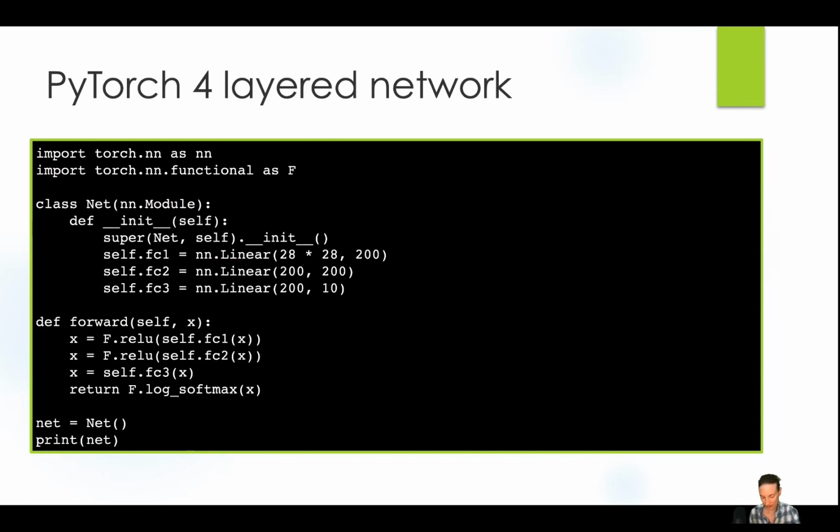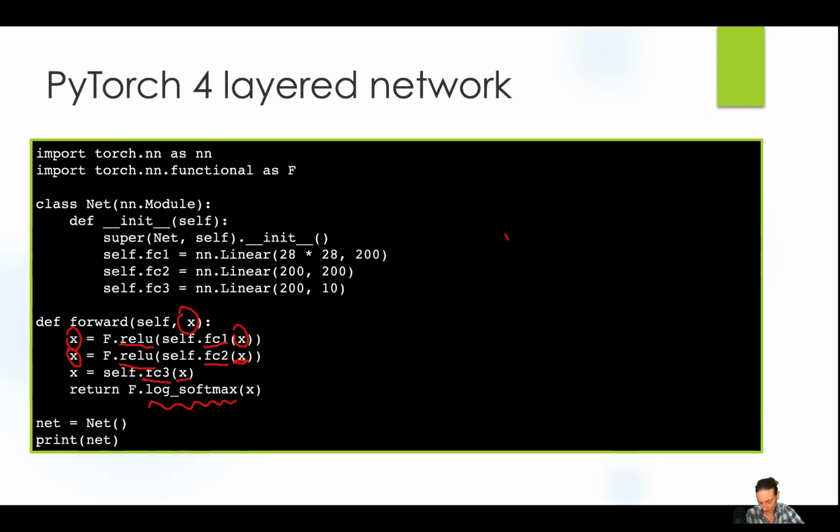Now here I have an input X, which I get here. From X, I send it to fully connected layer 1. Then I give it a ReLU activation. And I say, replace X with this. Then that same X is fed to fully connected layer 2 with ReLU activation again. And again, I call it X. And this continues, same thing through fully connected layer 3, except now I do softmax activation.